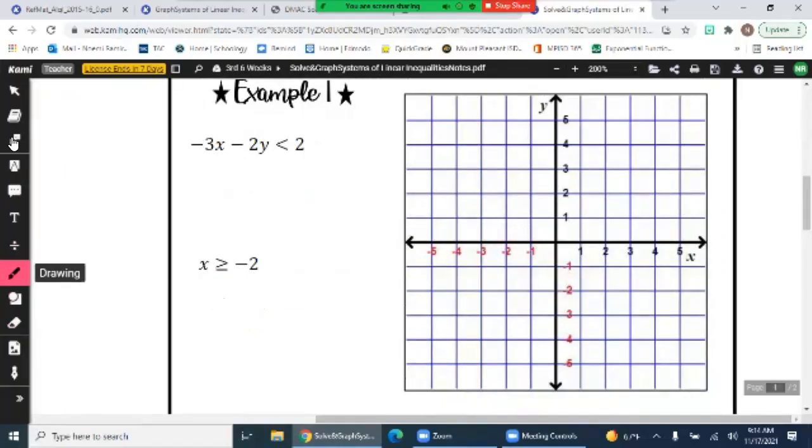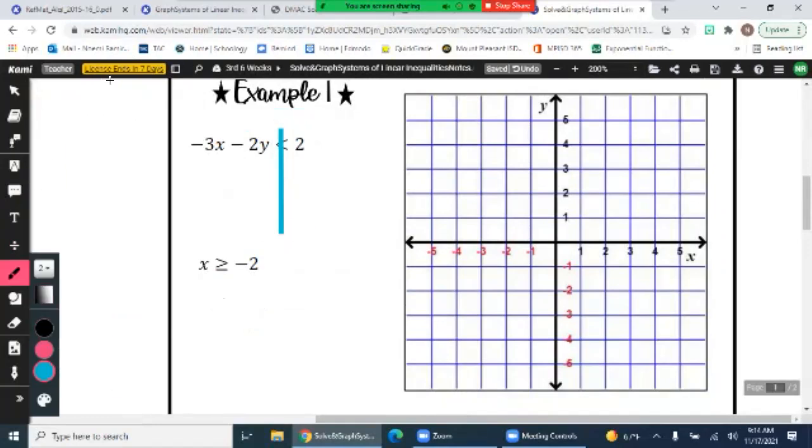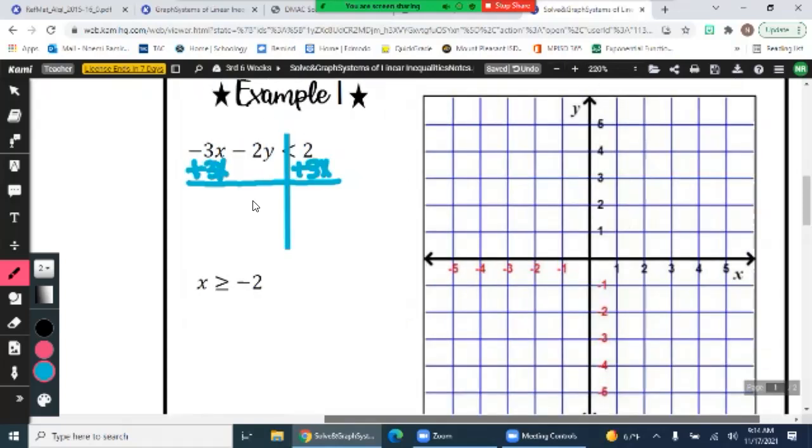So first things first, we do need to solve these. So that's what I'm going to do. I'm going to draw my line straight through. So positive 3, we're going to add 3x. Let me zoom in some more.